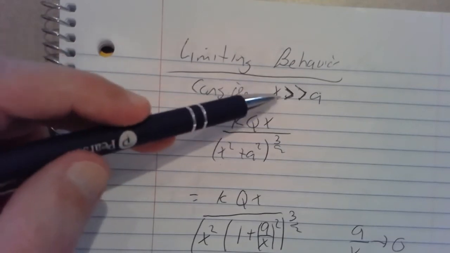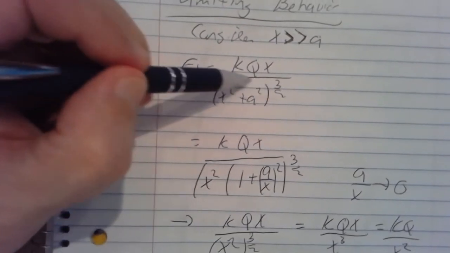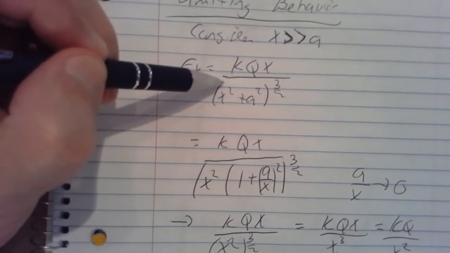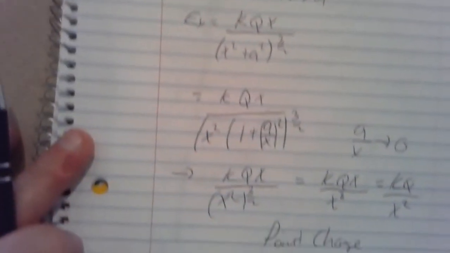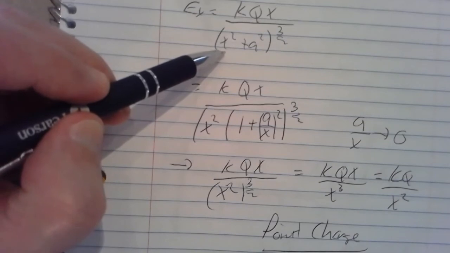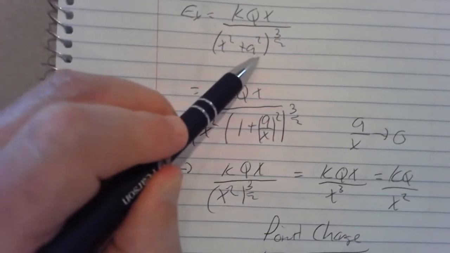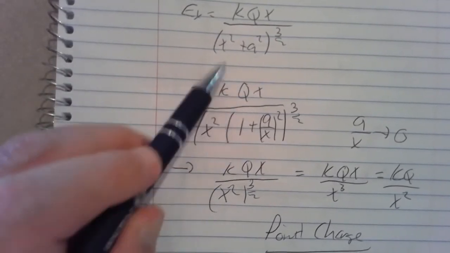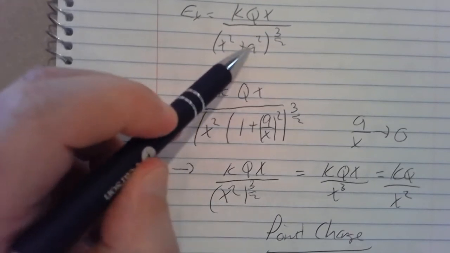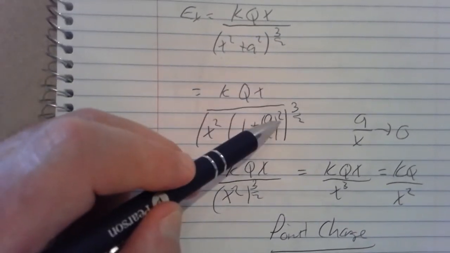I want x to get really, really big. So what we're going to do is, in the bottom here, we're going to factor out an x squared from this expression on the bottom, this radical. Okay, so some math magic's about to happen here. So take your time with this. I'm going to pull an x squared out here by dividing both of these by x squared. So x squared divided by x squared is 1. a squared divided by x squared is (a over x) squared.